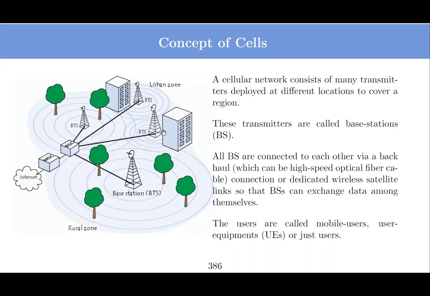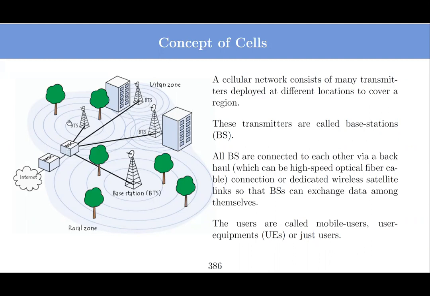So you deploy base stations at many places, which can be intelligently calculated. These transmitters are known as base stations, and all base stations are connected to each other via an infrastructure backhaul link, right? So if one base station wants to talk to another base station, they can communicate via these infrastructure backhaul links.